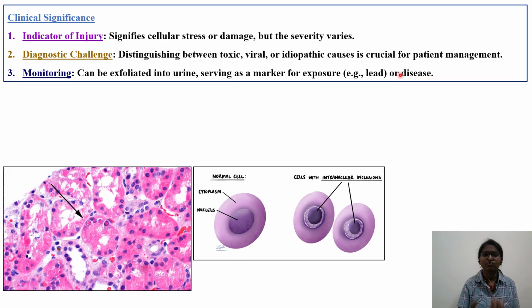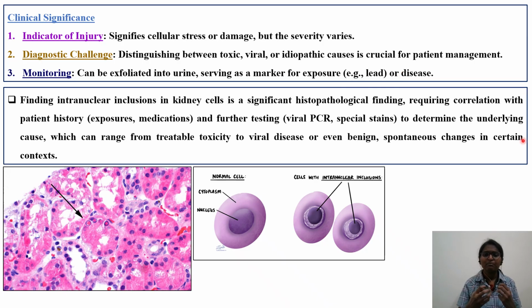If it is exfoliated in the urine, you can perform urine analysis and it can be used as a marker for exposure to lead toxicity. Then next, what are the important things we can get from this particular finding? Finding these intranuclear inclusions in kidney cells is a significant histopathological finding.